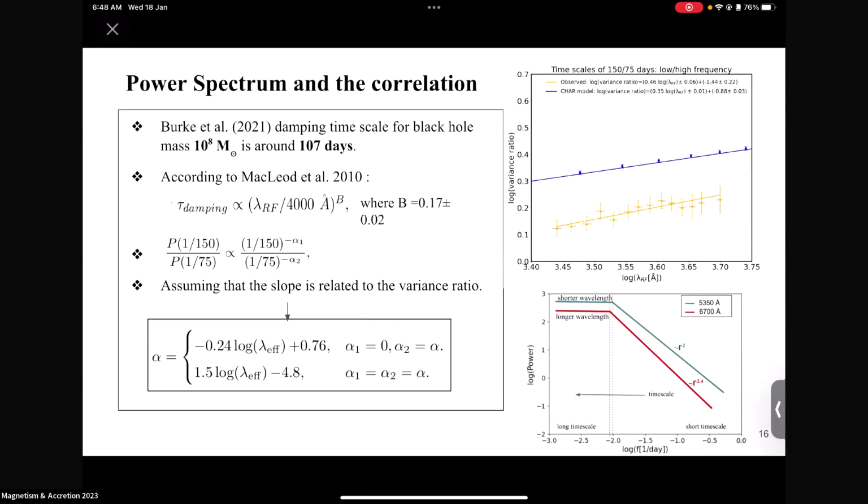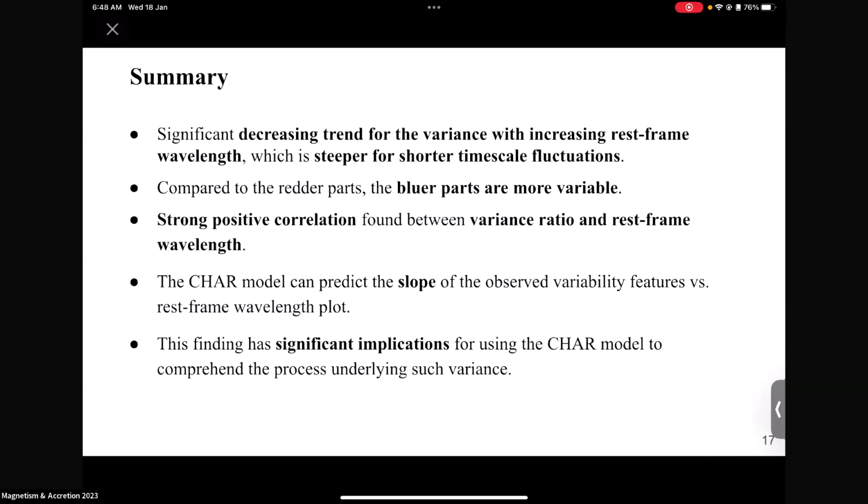So we expect that there should be a steeper slope for the longer wavelength, which is shown in the bottom right. So here, this is the summary of my presentation. Thank you.